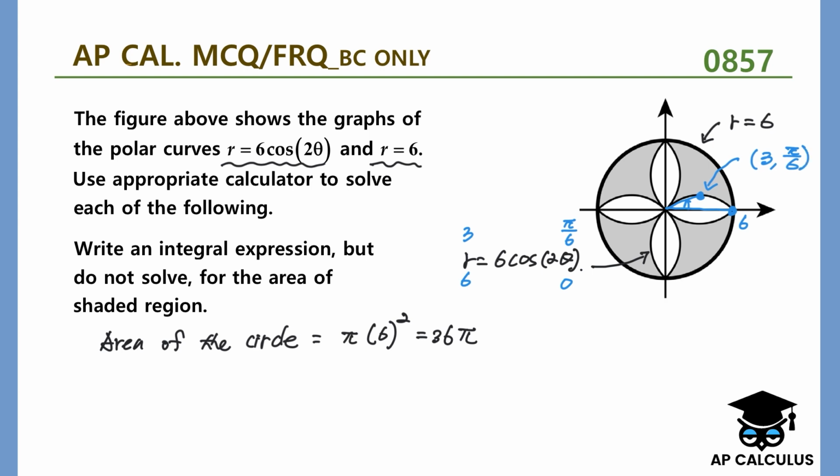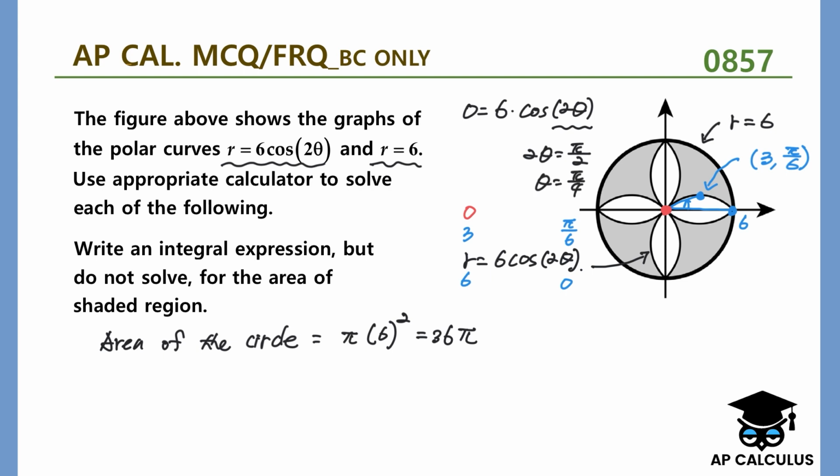Okay, now find the coordinate where r = 0, so this coordinate right here. r = 0 when cos of π/2 is equal to 0, since we have 2θ, this angle must be equal to π/2. So 2θ = π/2, then θ = π/4.